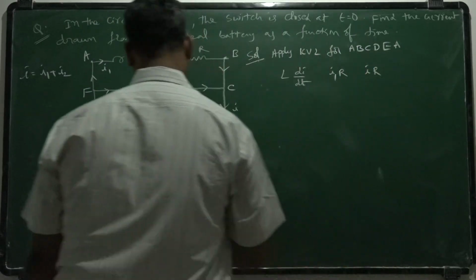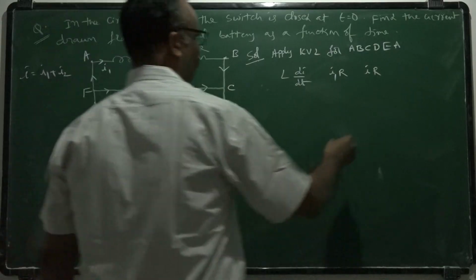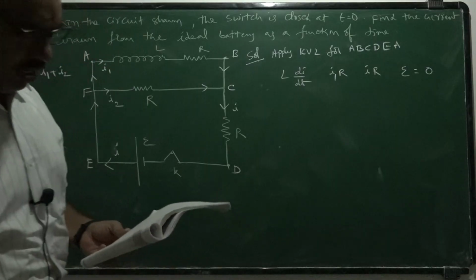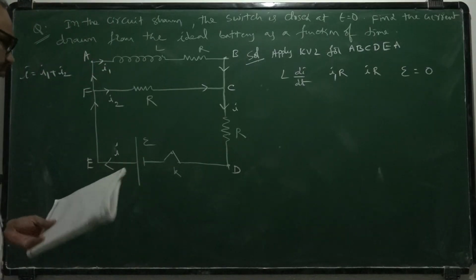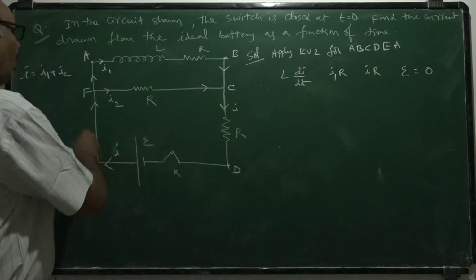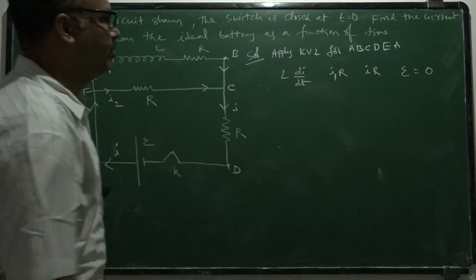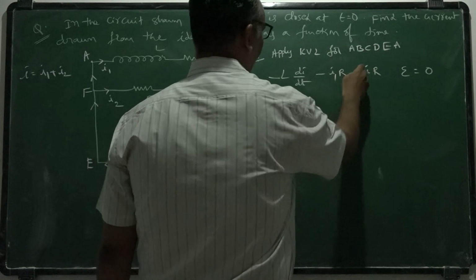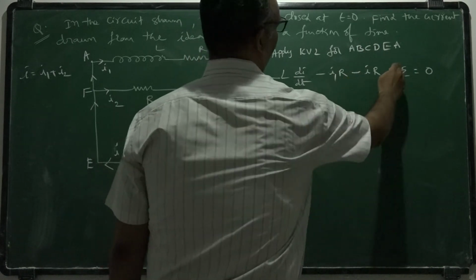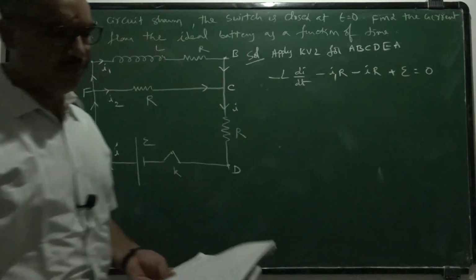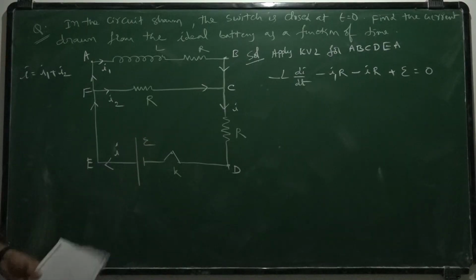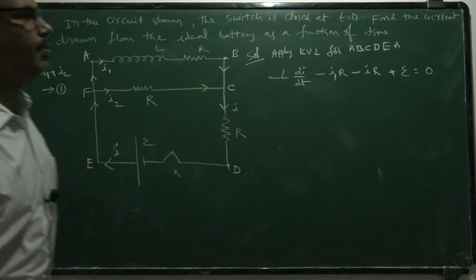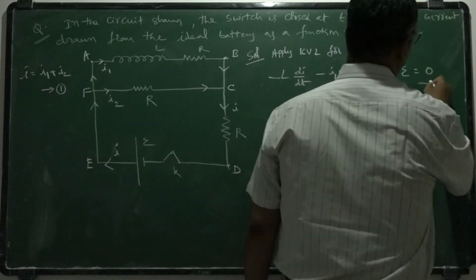And when you close the key, source of EMF E is there. Their sum must be equal to 0. If you take the sign convention, going from high potential to low potential is negative, again high to low negative, high to low negative, low to high positive. So this is the KVL equation. Let me take this as equation number 1, and this as equation number 2.